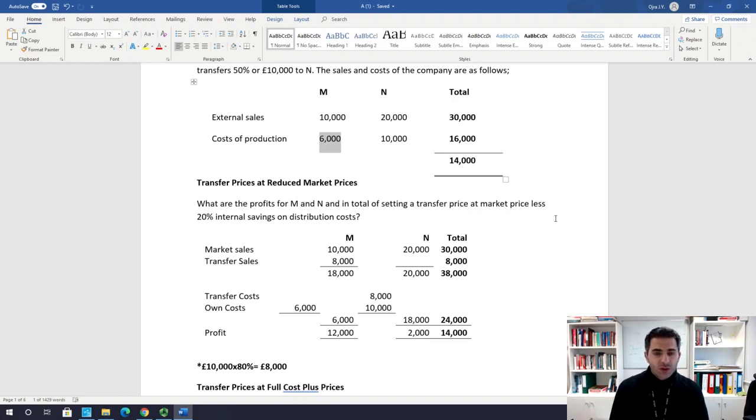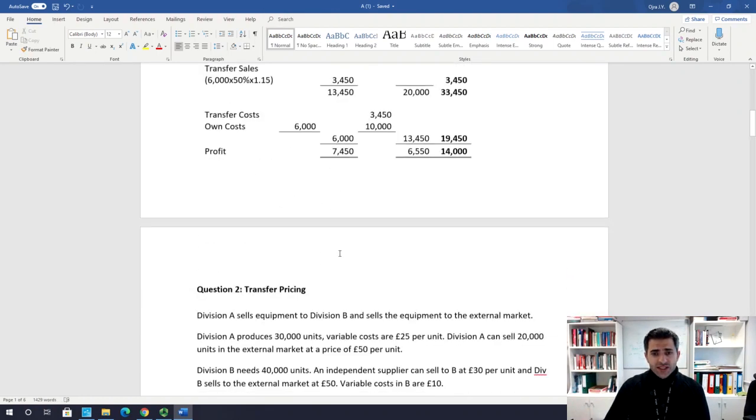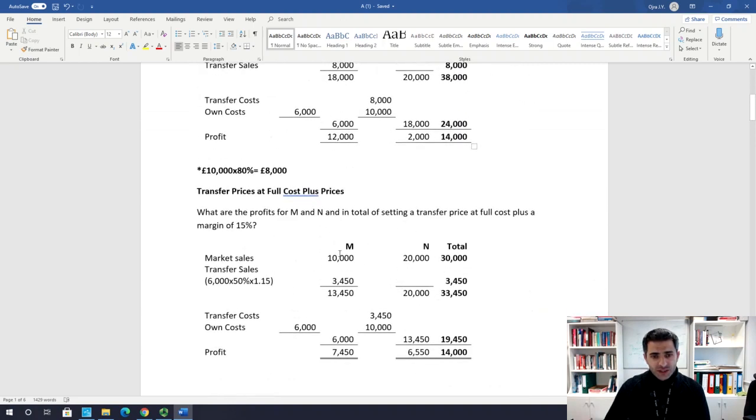So the transfer price should be set at the cost, which is £3,000, plus 15% profit. So £3,000 multiplied by 15% extra gives you £3,450, which is the new transfer price.